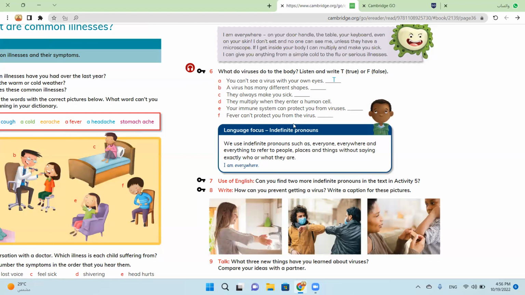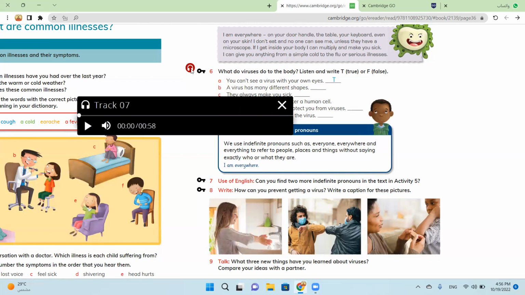Fever can't protect you from the virus. False. Fever is the reaction of our immune system to protect us from the virus. And fever, when our body becomes very high temperature and very hot, it can kill the virus.